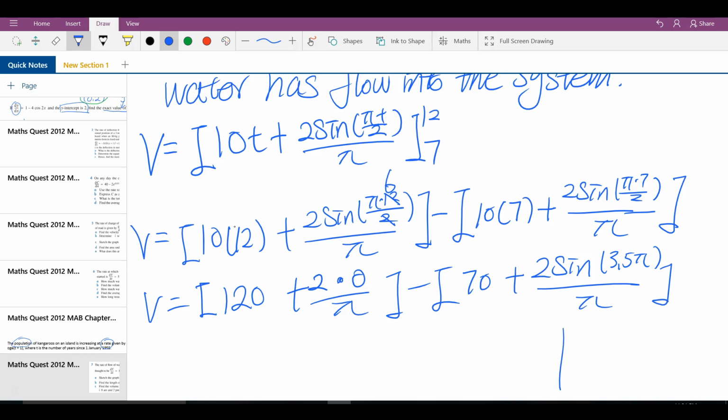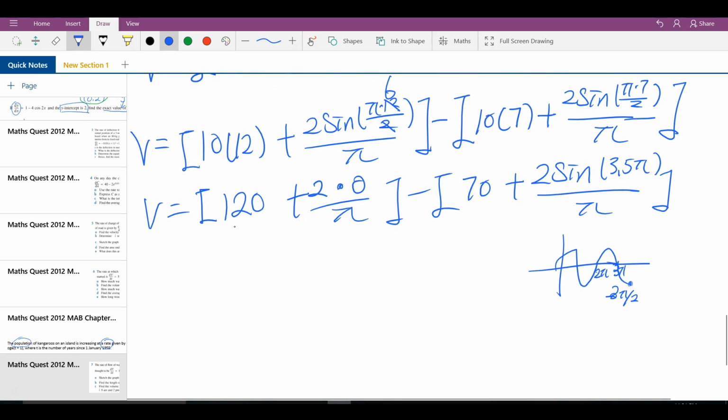Let me just look. I know 2 pi is here, 3 pi is here. So here must be 3 pi over 2. No, this must be 3.5 pi, because it's 3 pi there, so this is 3.5 pi, and that's 4 pi there.